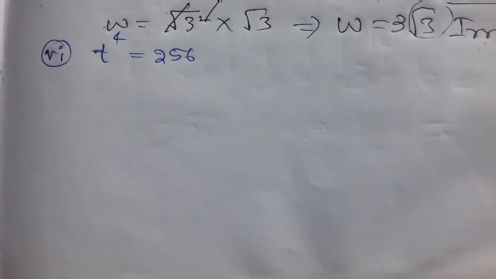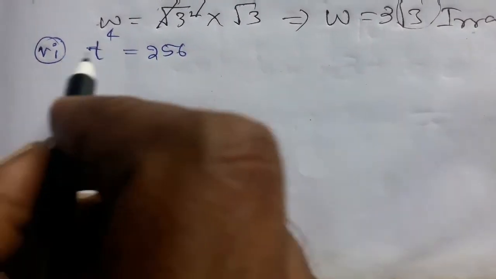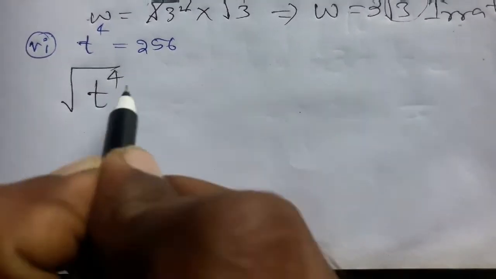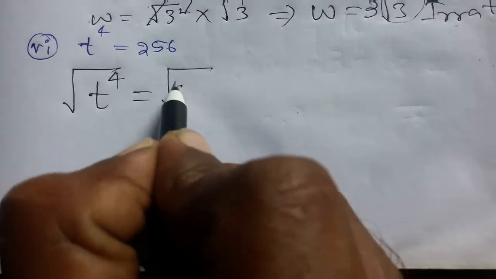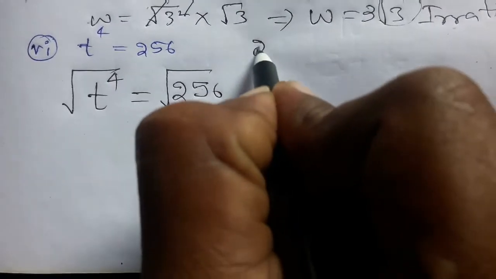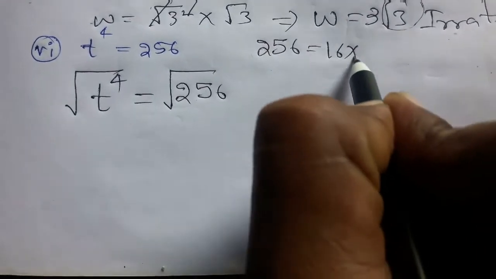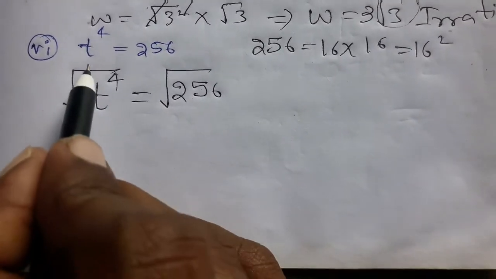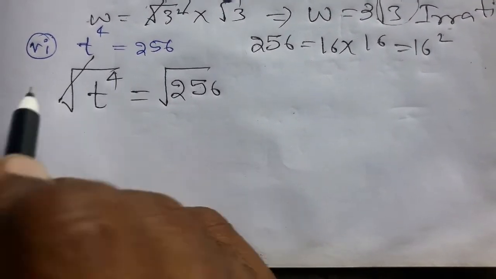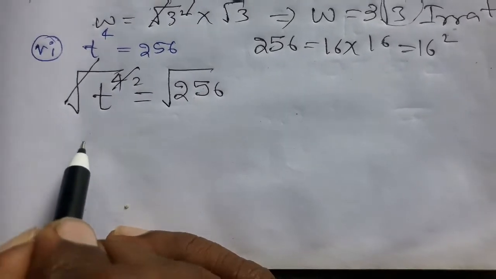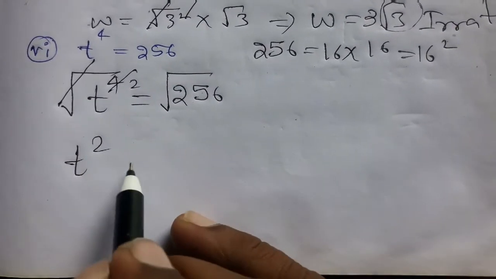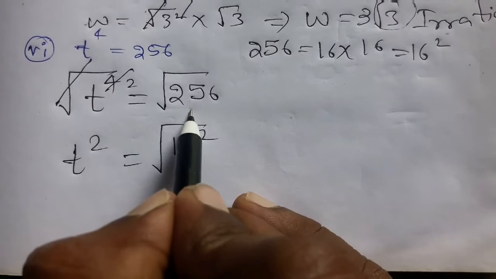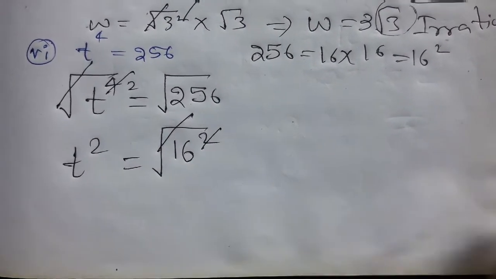Next, move to next question. t power 4 equals 256 is given. Apply square root on both sides. That means square root of t power 4 equals under root of 256. 256 can be written as 16 into 16, that is 16 square. Now here square root and square cancel, it becomes t square. So t square equals under root of 16 square. So here also root and square cancel.